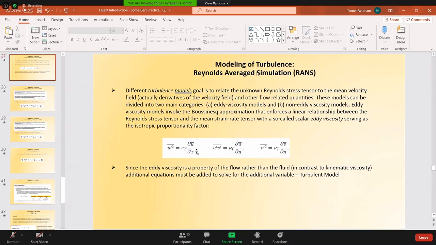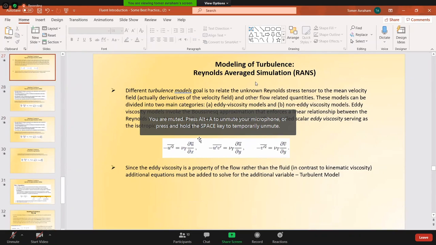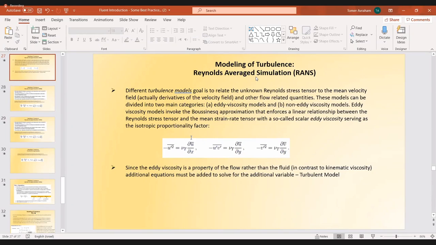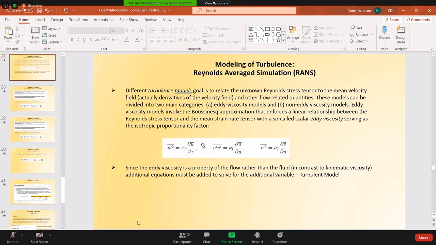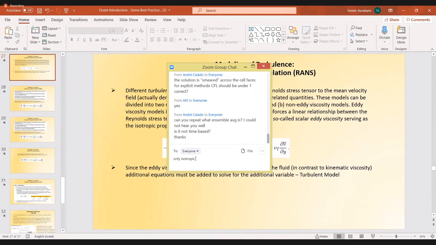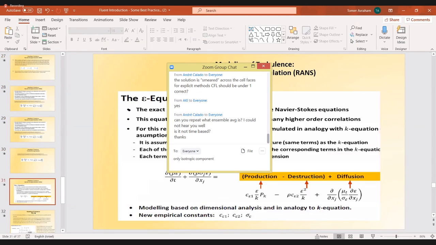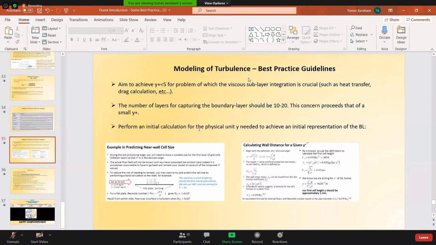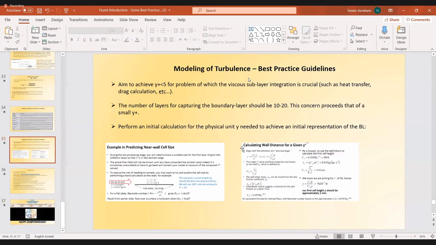But actually, the shear is the symmetric part of the velocity gradient tensor, and the antisymmetric part is the rotation.